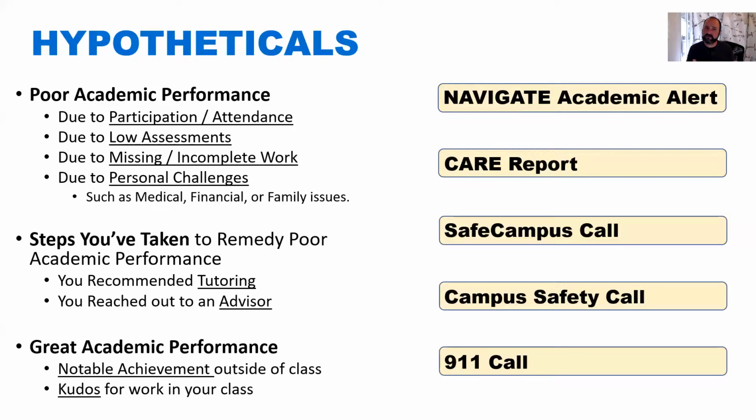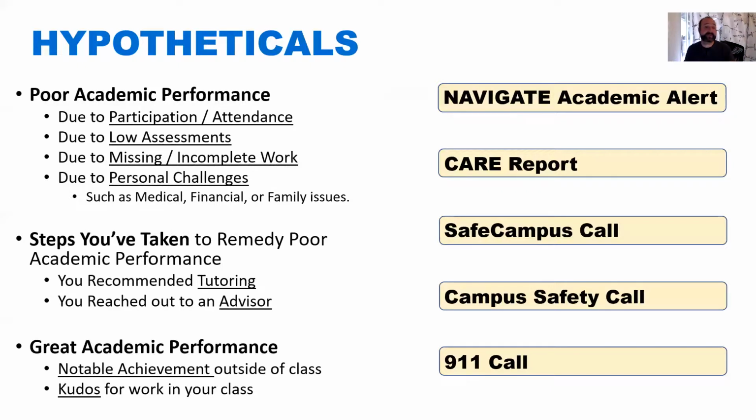So there's a little bit of crossover there. So if they're having financial or medical or family issues, you might issue a care report for them, but you might also want to loop the advisors in by issuing a Navigate academic alert that the issue with their well-being is affecting their academics.